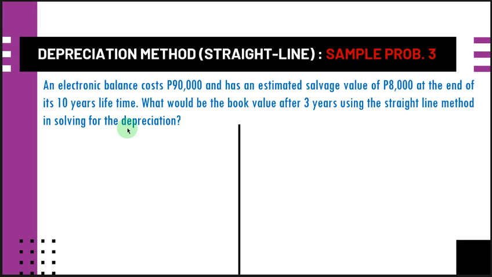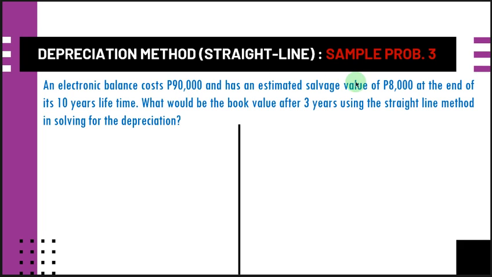Based on this, we have the given parameters. The 10 years lifetime is our useful life L. We also have 90,000, which is the value of our electronic balance, so this is our original cost, denoted as C sub O, equal to 90,000.